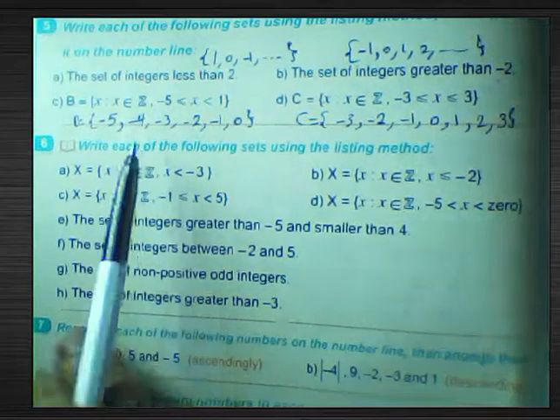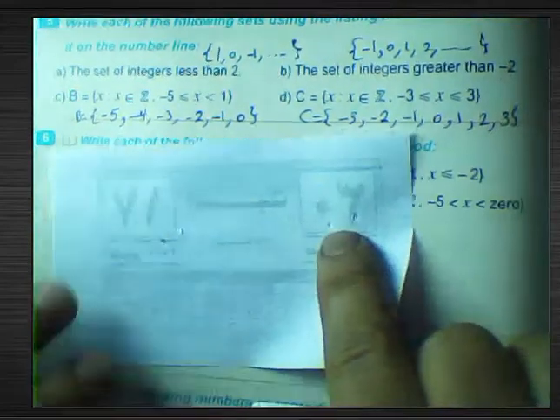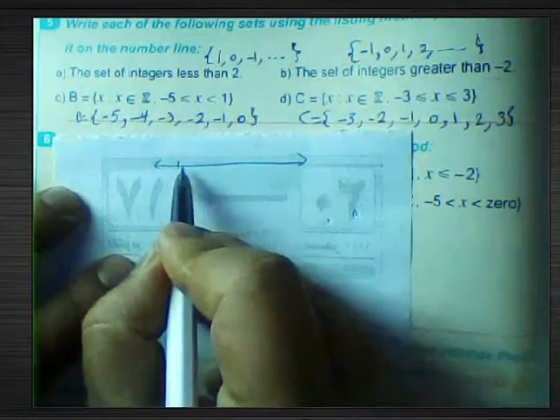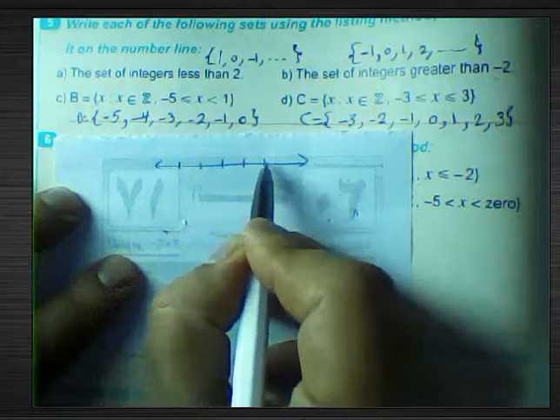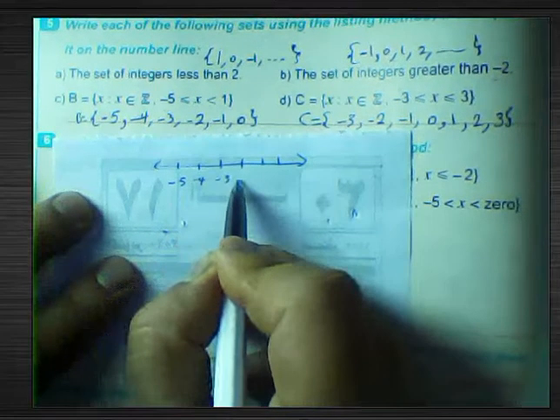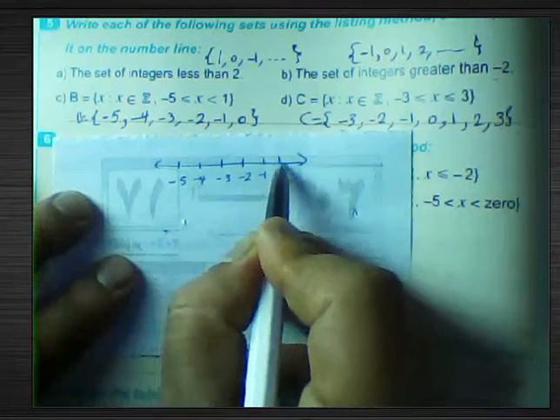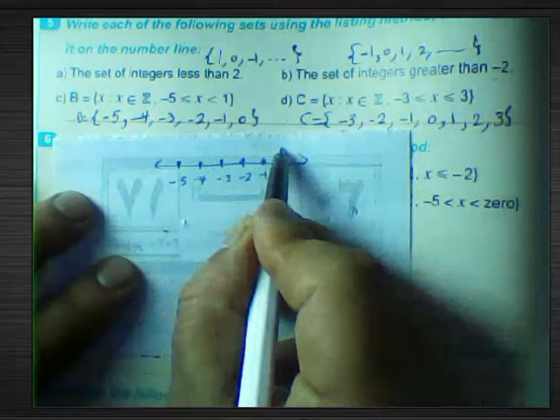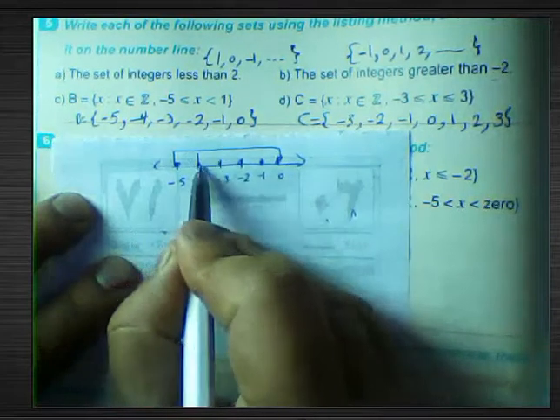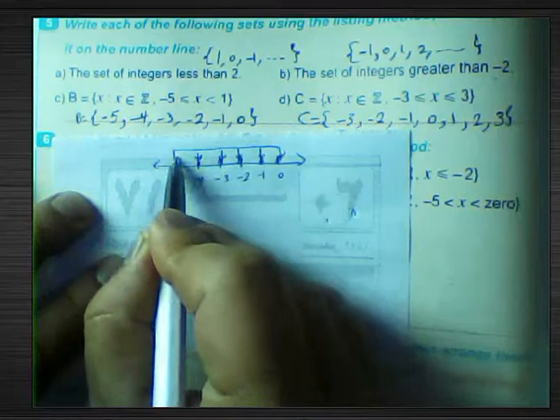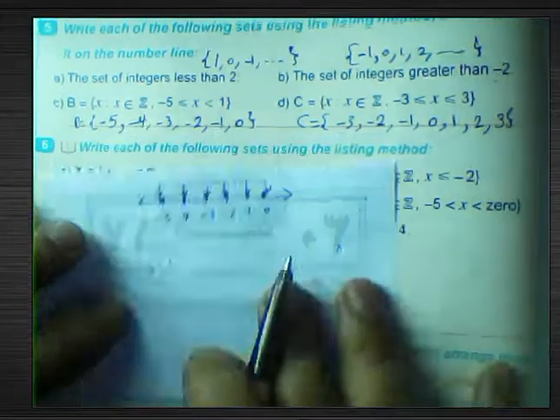We can do that: negative 5, negative 4, negative 3, negative 2, negative 1 and 0, and determine all the points of this set. Okay, you can do it.